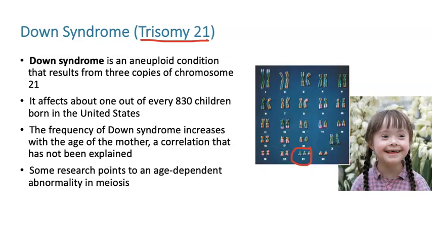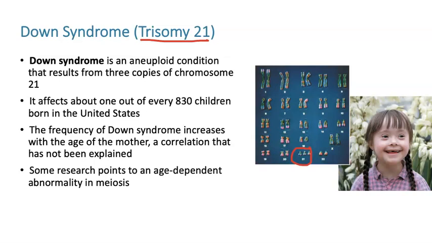We do know that the frequency of Down syndrome increases with the age of the mother, but we don't know why that happens. There have been some hypotheses out there, but what we think is that there is an age dependency in how females make eggs, and there's this idea that female children are born with all the eggs that they'll ever make in their life.